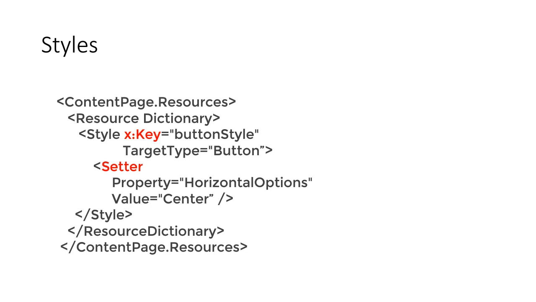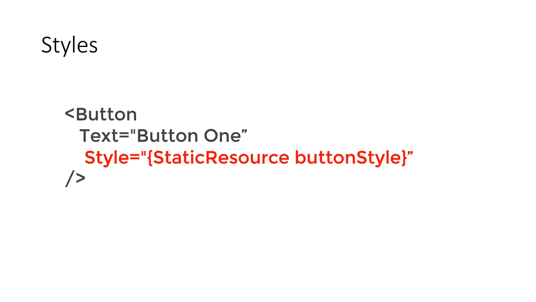Once you've defined your style, you can use it in a view, as you see here. You set the style equal to, and once again we use static resource, and the name, that is the key for the style, and all of that is contained within curly braces.